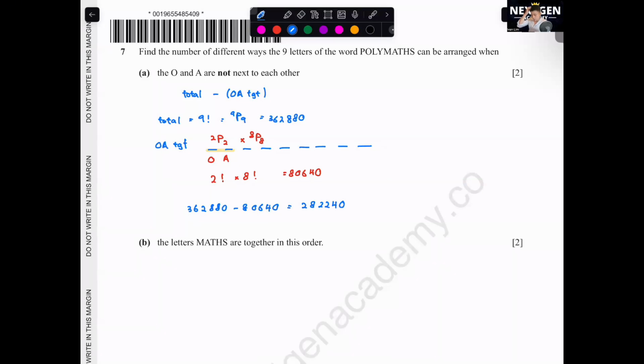Question B: the letters MATHS are together in this order. This one is pretty similar also. So now they are together, and we use the same logic as the one here. 1, 2, 3, 4, 5, 6, 7, 8, 9. MATHS are together, and they say must be in this order.